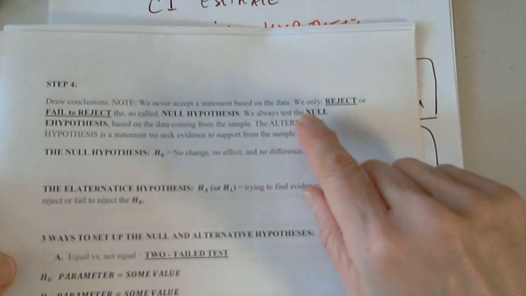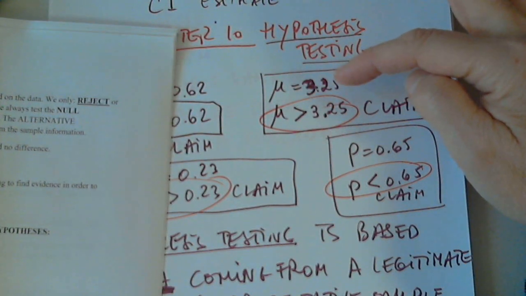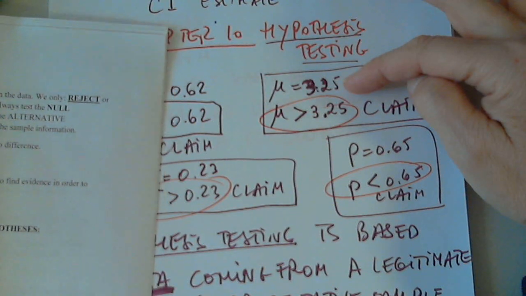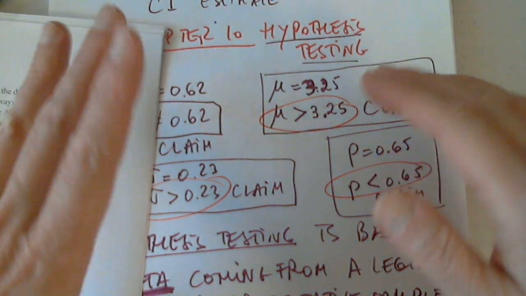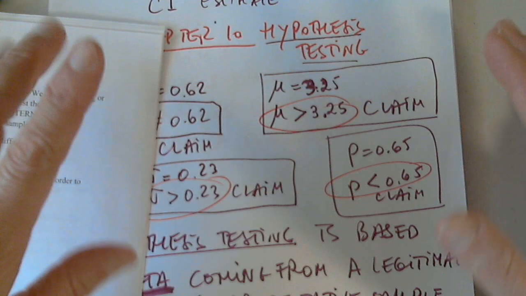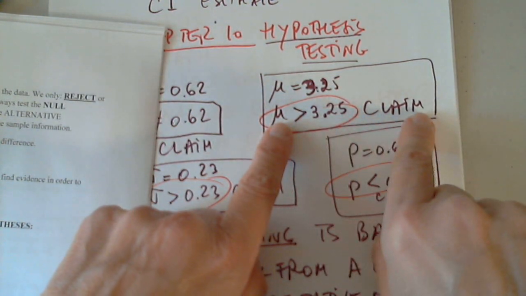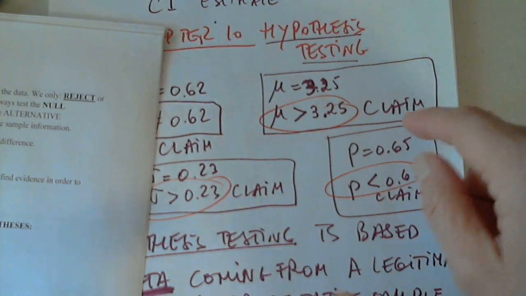We have to say that we reject or we fail to reject what was initially thought of. So we collect the sample, we analyze the data. This is our claim, but we will never say we accept anything.